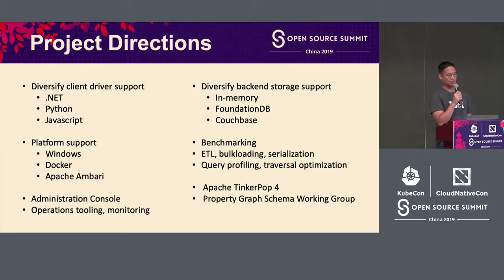One of the key gaps that we had from the start was around client driver support. The stack is built in Java, but many of our programmers these days are working with other languages. So over the past year or so, there's been a big push to get client drivers out. Right now, we've already released the .NET driver. I think Python is very close to being done, and JavaScript. Those are the top 3 languages that people have been asking for.